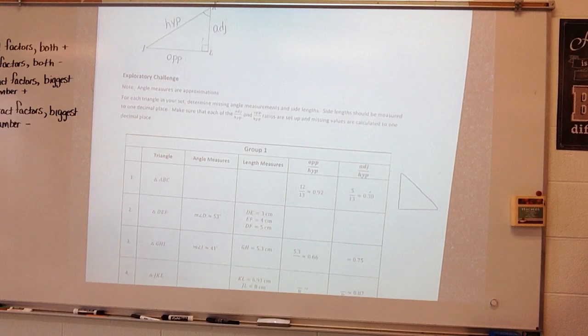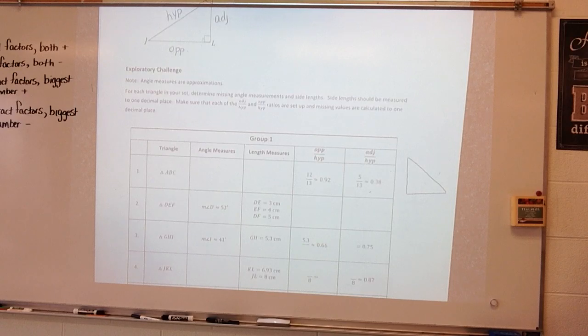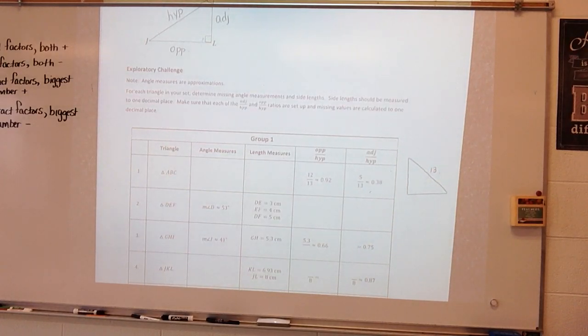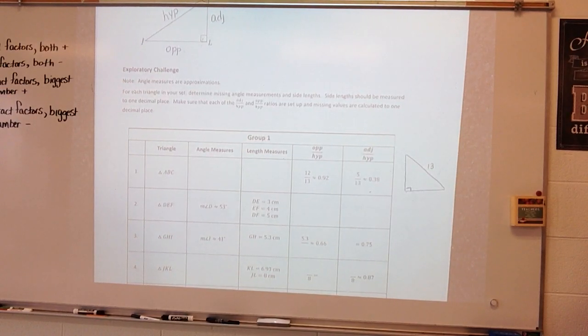And I can think about this. Now, I've got to think about how I'm going to label this. So I know that my hypotenuse is 13, so I know this is 13. And I know that this is a right angle. And I know that my opposite, now this is where it's going to be a little tricky. So how are we looking at this?